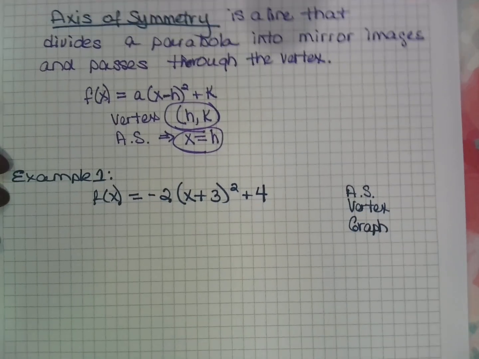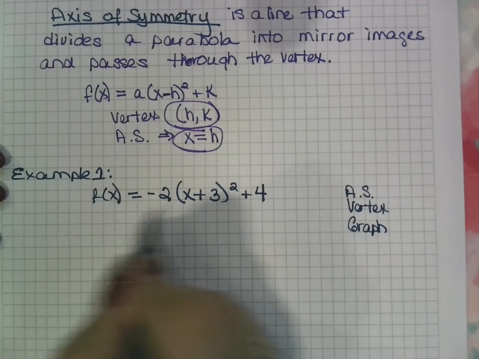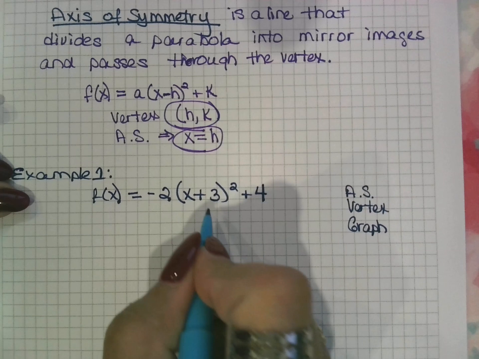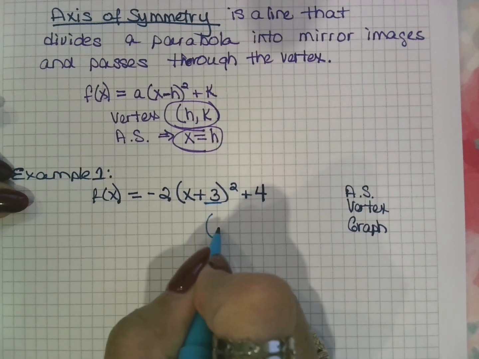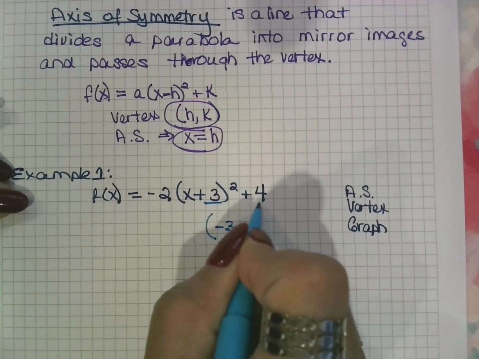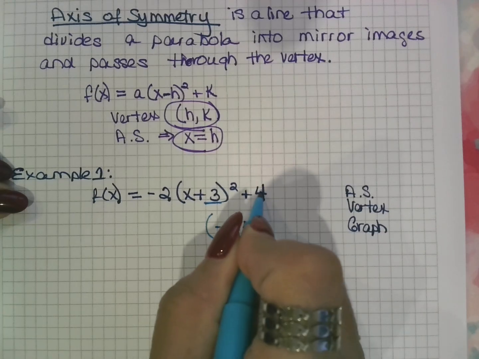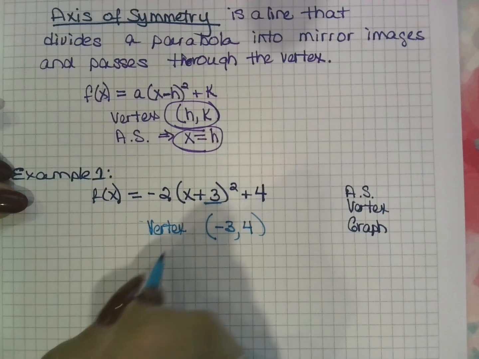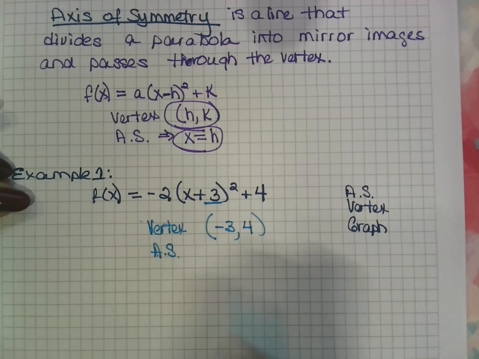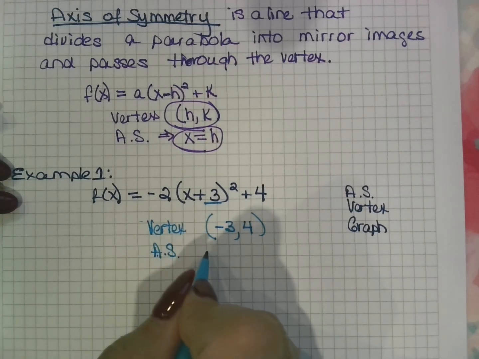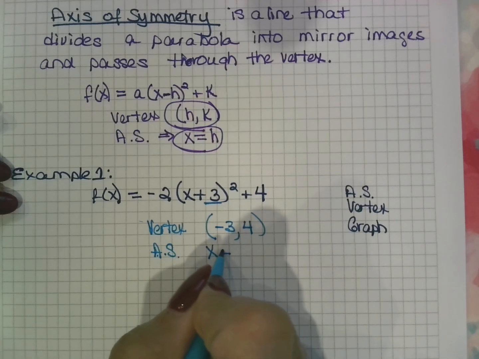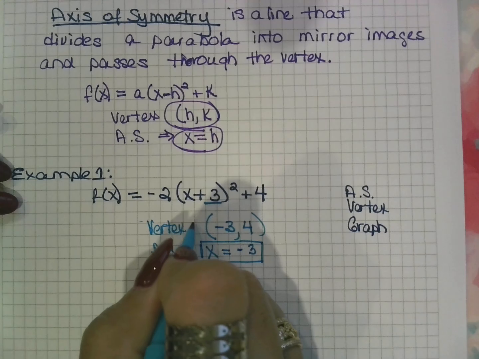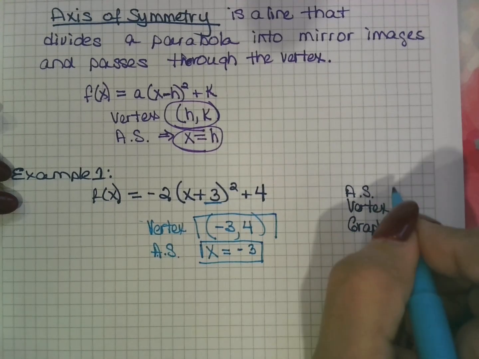Okay? So really easy. Because this is in vertex form, your vertex is going to be the opposite of what you see here. So negative 3 comma and then 4. This one does not change. So that's your vertex. And your axis of symmetry, which I'm calling AS, is going to be the line x equals negative 3. Okay? So that's the first 2 things that we need.